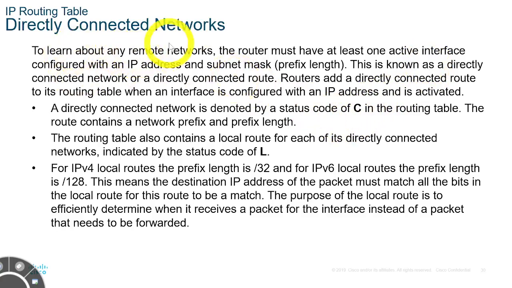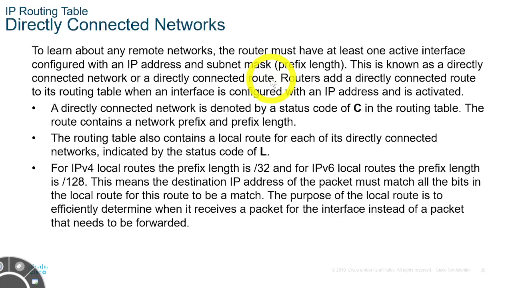To learn about remote networks, that means they are not directly linked or connected to the router. The router must have at least one interface configured with an IP address and subnet mask, prefix length. This is known as a directly connected route.